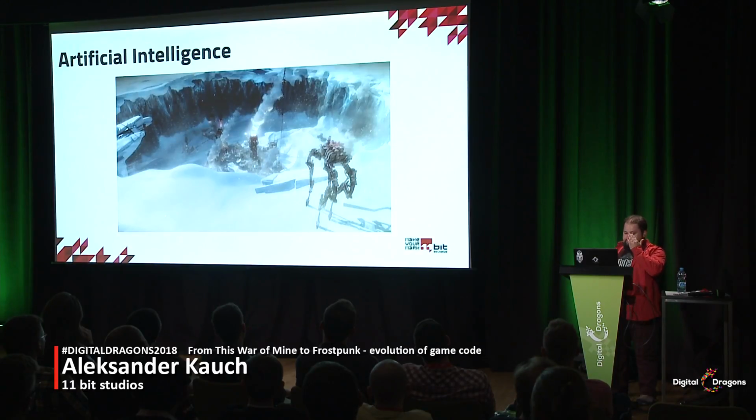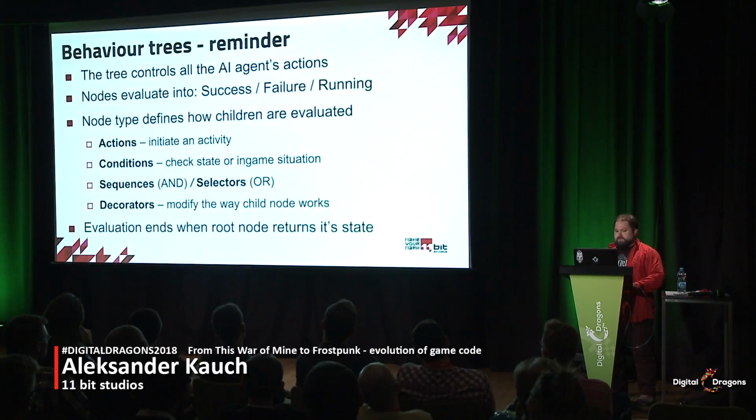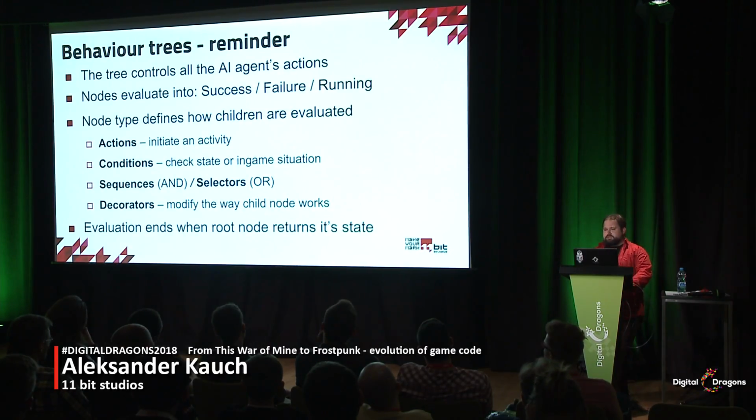Another topic, artificial intelligence. Quick reminder of behavior trees. Behavior trees are trees that control agents' AI. We used them both in This War of Mine and in Frostpunk. Nodes in behavior trees can evaluate into three states: success, failure, or running.